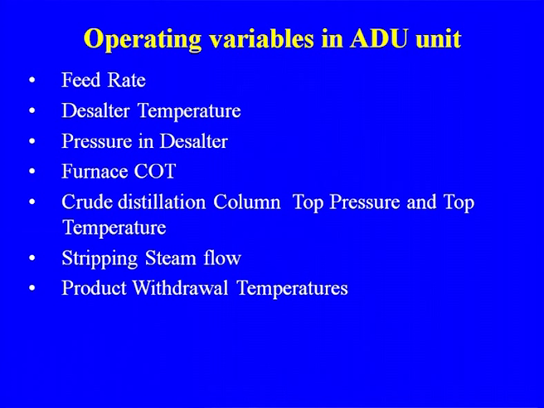Crude distillation column top pressure and top temperature, stripping steam flow, product withdrawal temperature. So, these are some of the parameters which will affect the operation of the atmospheric distillation column.